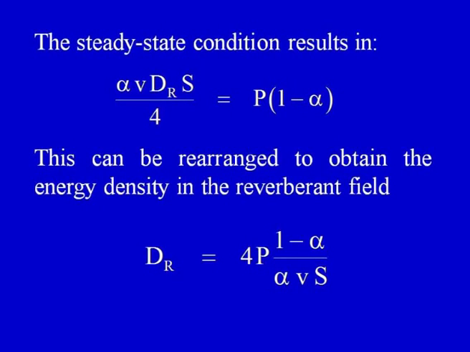The steady state condition results in, let us equate these, alpha into V d_r into S divided by 4 equal to P into 1 minus alpha. This can be rearranged to obtain the energy density in the reverberant field. d_r is given by 4 P times 1 minus alpha divided by alpha V S.